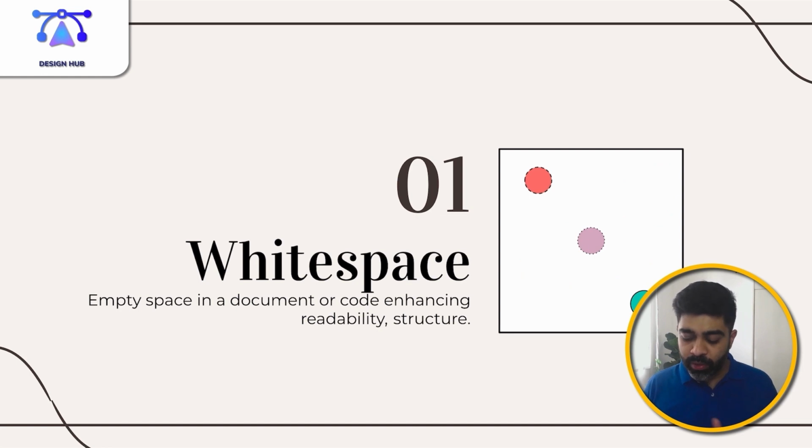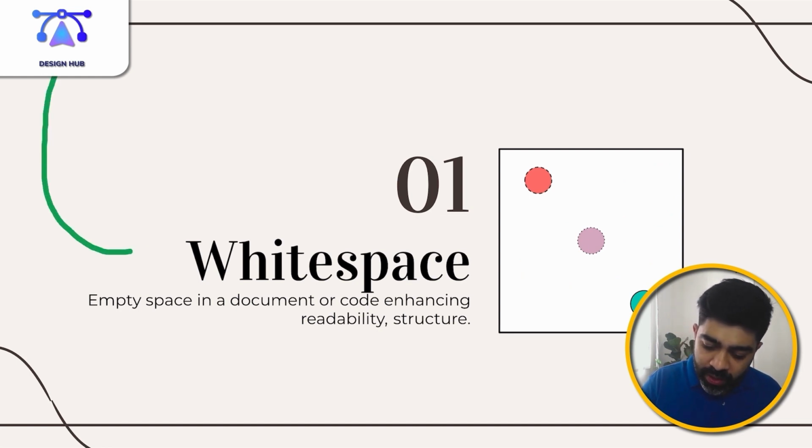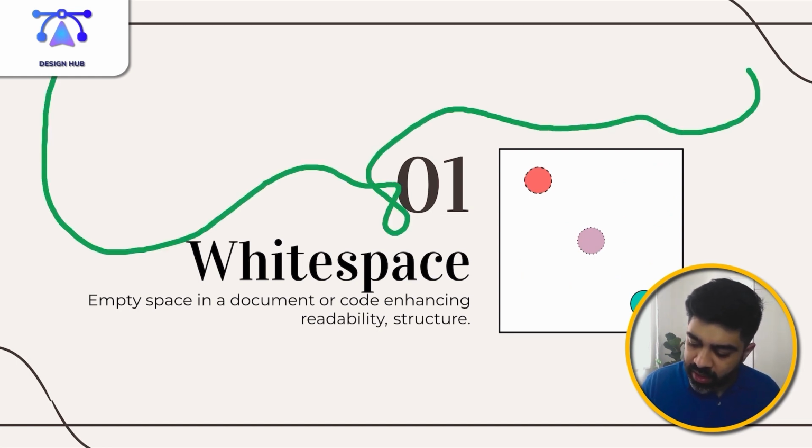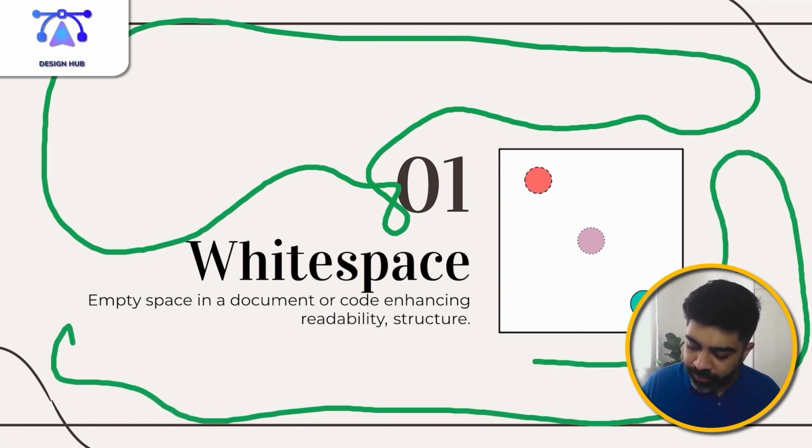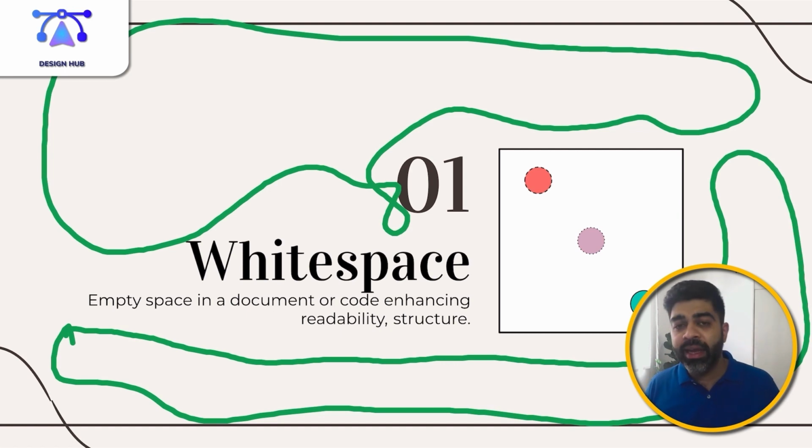If I was talking about the slide itself, I could see that all of this area is the white space, which is basically keeping it free, keeping it empty, and letting the content have a lot of space so that it can breathe. It has a structure and it seems somewhat organized.